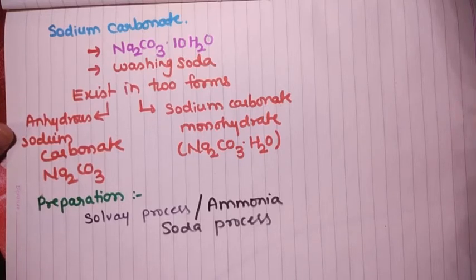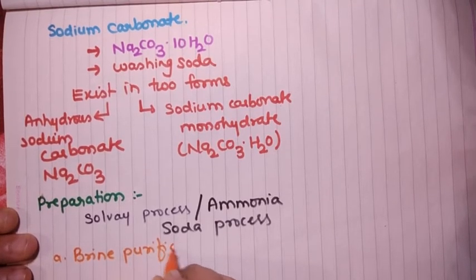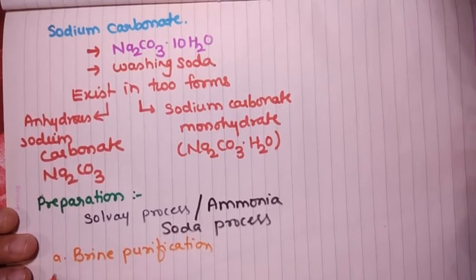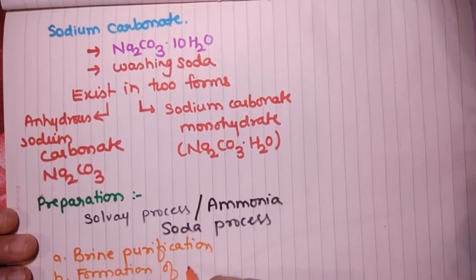Okay, so what are the steps involved in this preparation? First is brine purification. Brine, I have told you, is nothing but the aqueous solution of NaCl. So that solution will be purified first, then formation of sodium bicarbonate, that is your baking soda, NaHCO3, then formation of soda ash.